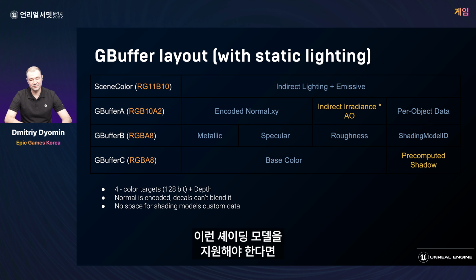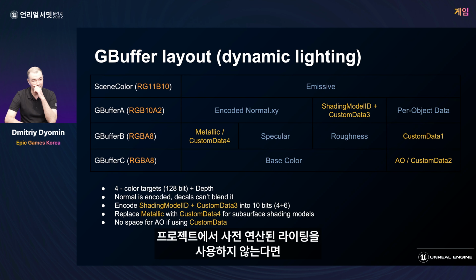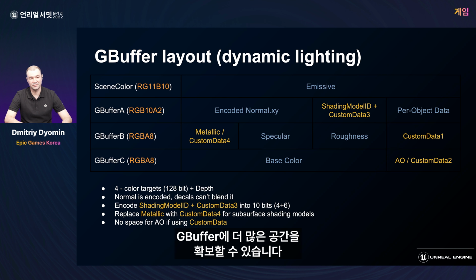If you need to support these shading models, you will have to drop support for devices with 128-bit limitation, or you have to use the forward shading instead. When project does not use the pre-computed lighting, we have more free space in our G-buffer.